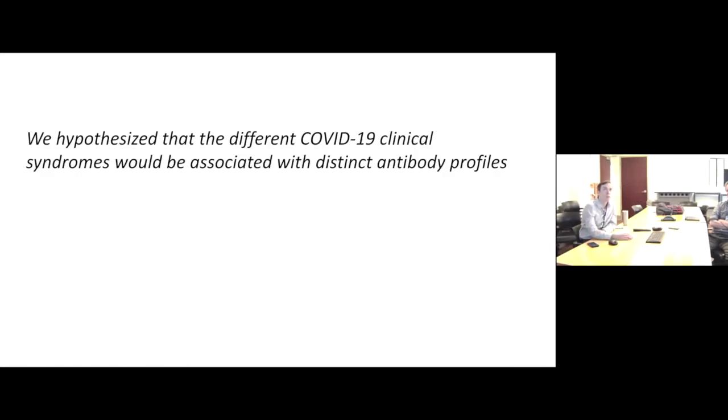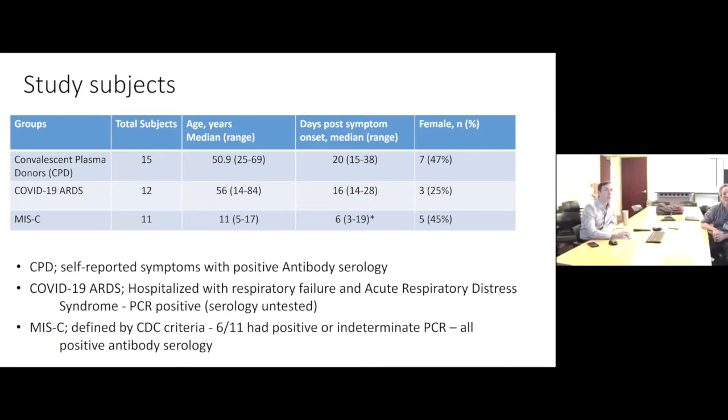We hypothesized that the different COVID-19 clinical syndromes would be associated with distinct antibody profiles. We were fortunate enough to be able to pair multiple different phenotypes of these patients in collaboration with the Department of Pathology, the Department of Pediatrics, and the Department of Medicine.